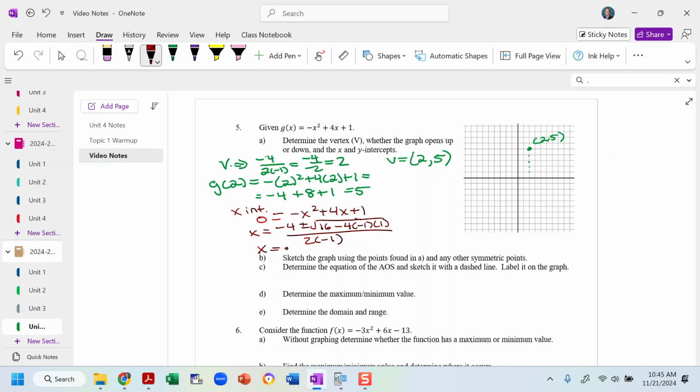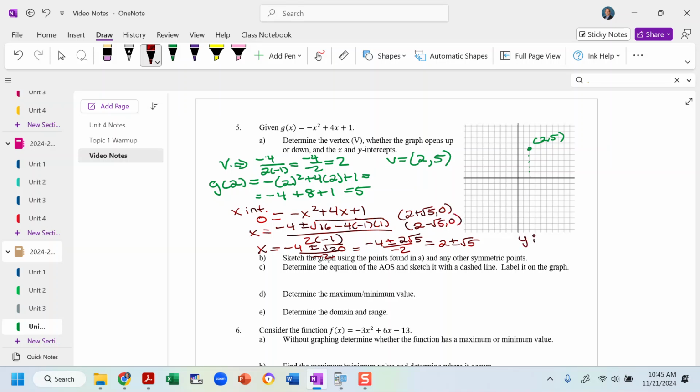So basically it's negative 4 plus or minus the square root of 20 all over negative 2, which means it's negative 4 plus or minus 2 rad 5 over negative 2, which means when you divide, you get 2 plus or minus rad 5. So those are the x-intercepts. They are at 2 plus rad 5 comma 0 and 2 minus rad 5 comma 0.